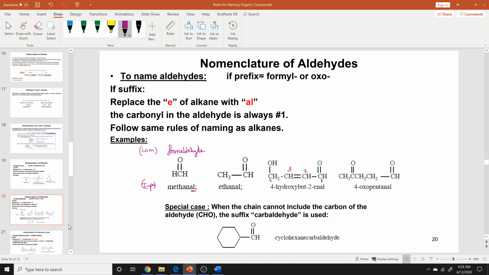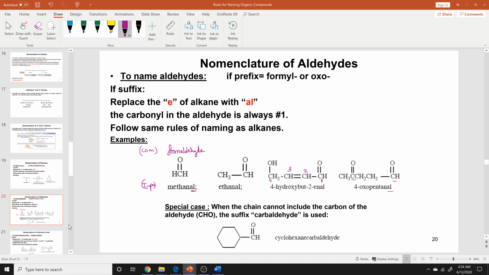It's going to be but-2-en and then -al at the end. I don't have to say 1-al because always the aldehyde is on carbon number 1. Now if I have an aldehyde and a ketone at the same time, then my aldehyde is always my highest priority. So the ending is -al.